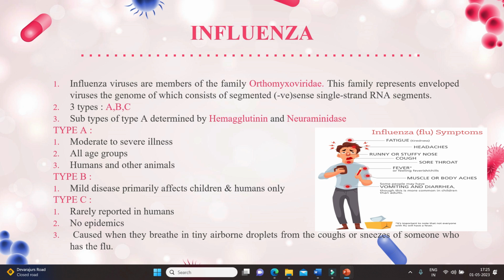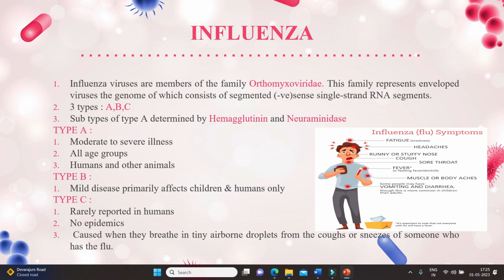Coming to influenza viruses, these are family members of Orthomyxoviridae. This family represents enveloped viruses whose genome consists of segmented negative single-strand RNA segments. There are three types of influenza virus: influenza A, B and C. Subtypes of type A are determined by hemagglutinin and neuraminidase.